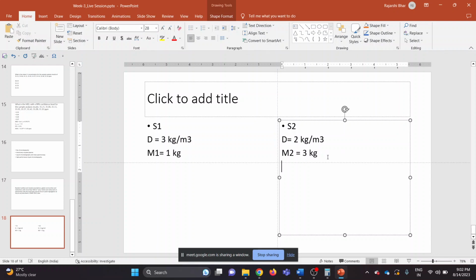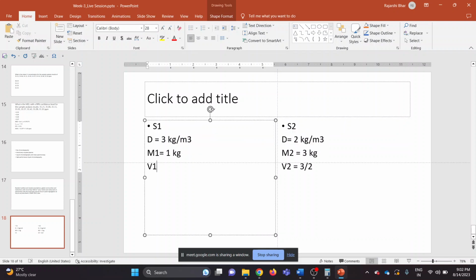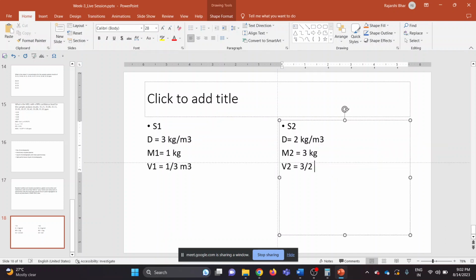Fine. So individually we calculate the volume. What is the volume of this? It will be 3 divided by 2. Similarly for V1, it will be 1 divided by 3 meter cube. So these are the individual volumes of the two wastes.